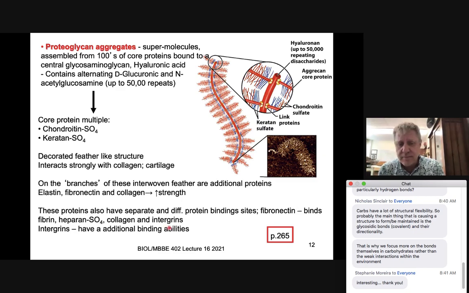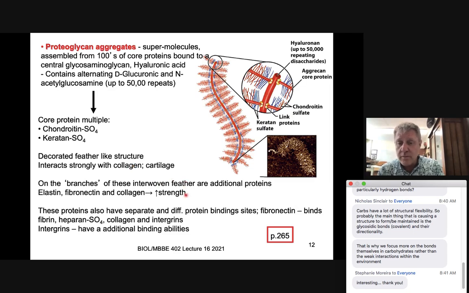As I said to you before, some of these particular carbohydrates are utilized in regards to structure. We're going to see that when we look at collagen and fibronectin and elastin, which are going to branch and be decorated with this type of material. So again, they give cartilage and collagen its strength.